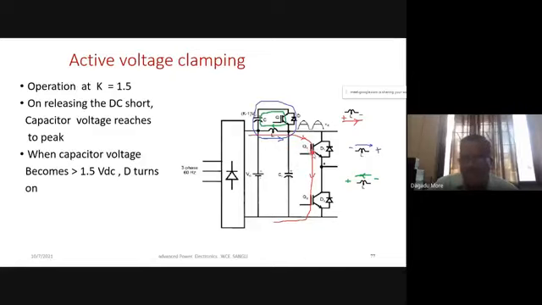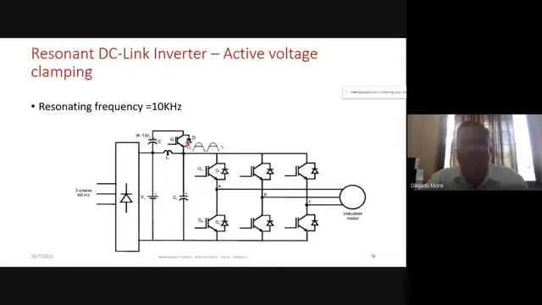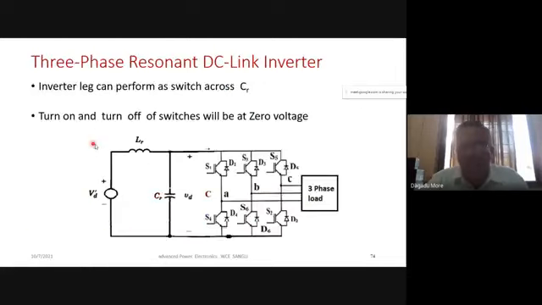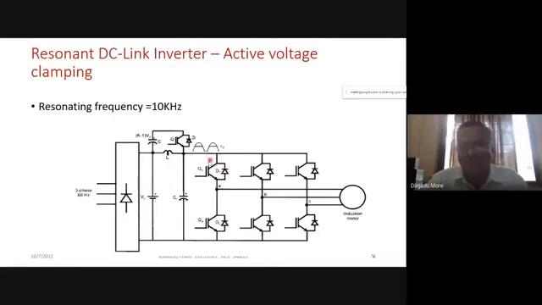We turn on Q1 and Q4 just for a very short duration, and after that both are turned off. Because the inductor current has increased, that additional current will flow through the capacitor and the capacitor voltage will increase.